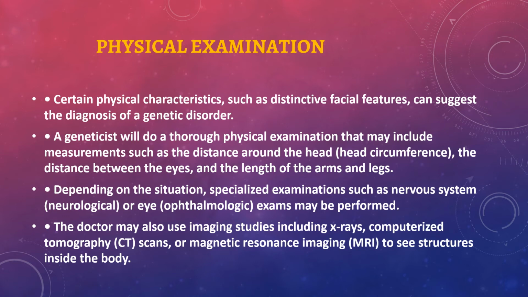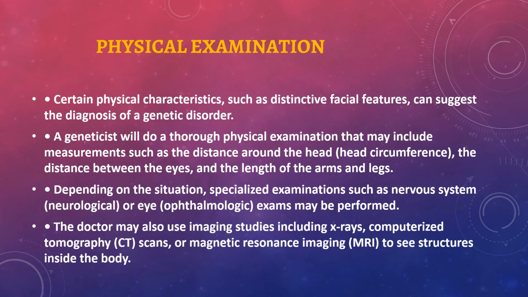They will also check the distance between the eyes and the length of the arms and legs. Next, depending upon the situation, specialized examinations such as a nervous system or neurological examination, or ophthalmologic examinations may be performed. The doctor may also use imaging studies such as X-rays, CT scan, MRI to see the structures inside the body.